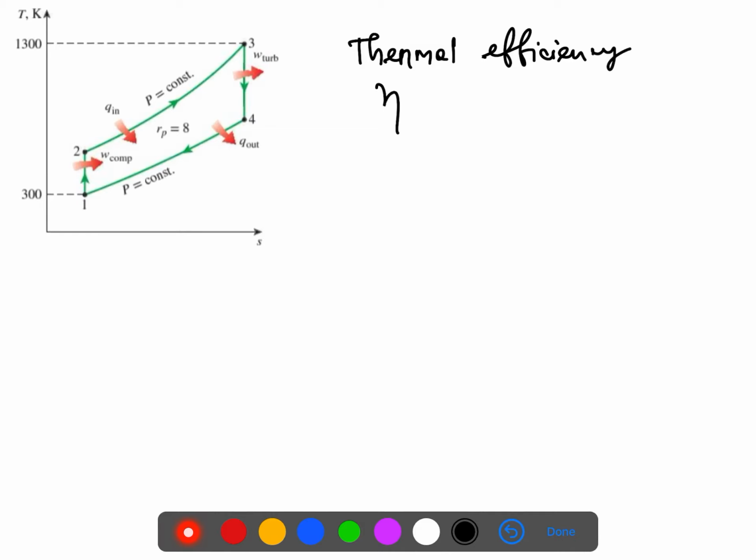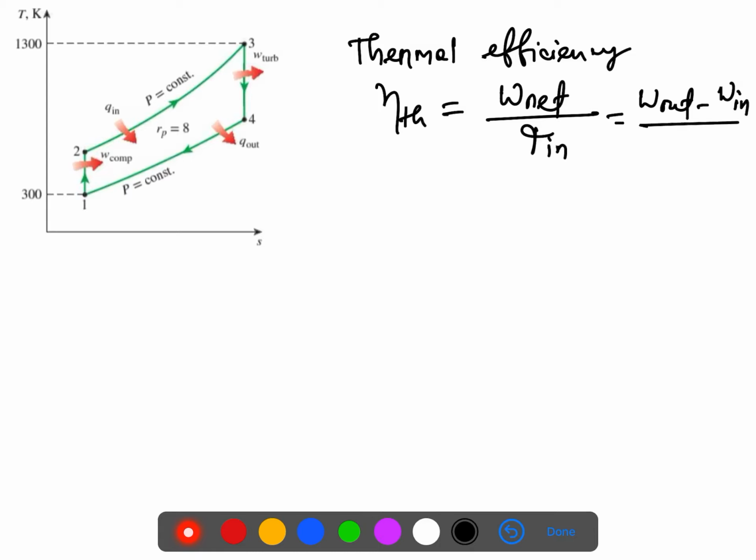We know eta th is the net work done over the heat in. We used this formula last week. So net work means the difference between the work out and work in.